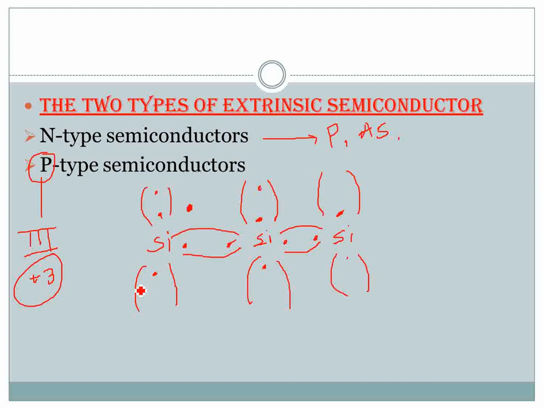Third group elements such as boron, aluminum, gallium, indium are added to a pure semiconductor, and because of this an incomplete covalent bond is formed with the silicon. For example, I am considering boron. Boron has 3 free electrons.